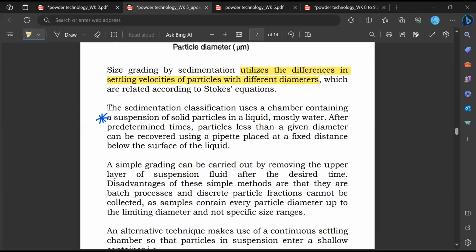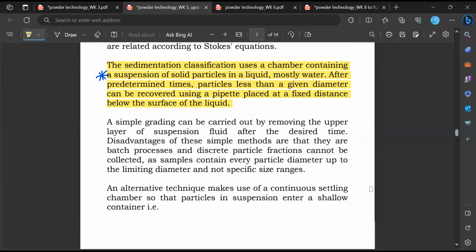So this method is what I explained in the pipette method in the previous one, where you insert a pipette into a flask at a certain position, and then you pipette out a certain amount of the suspension at different times, like 1 minute, 2 minutes, or whatever, and then you see the concentration of the particles. What you expect is with time, the particles will reduce because sedimentation has occurred. Now that's one of the simplest ways.